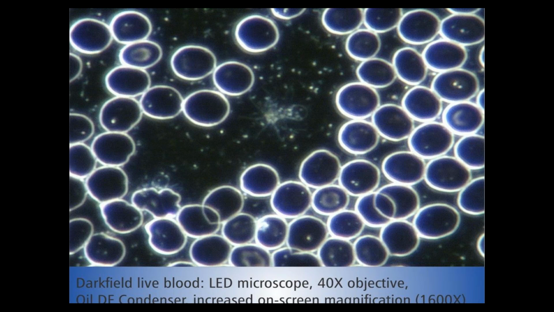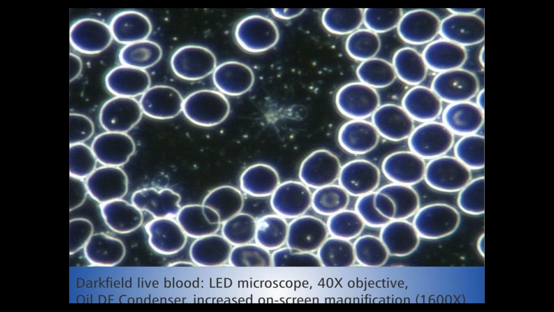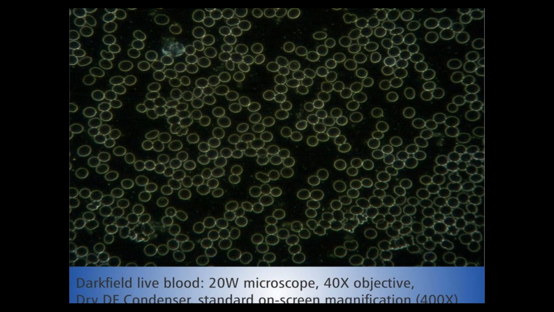Well, the first image that we looked at is from a 20-watt laboratory microscope. Now, this system has all the standard specifications for routine laboratory use, with none of the changes that are necessary for live blood analysis. It has a 20-watt halogen light source with a dry dark field condenser and the standard on-screen magnification as well.